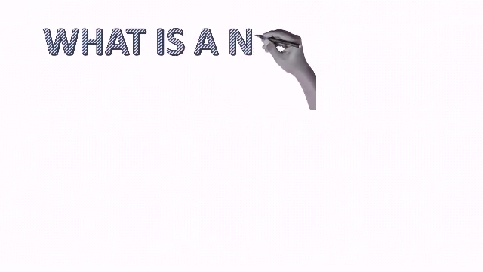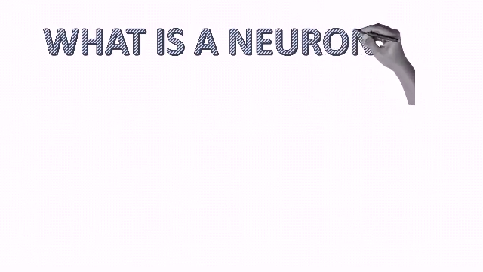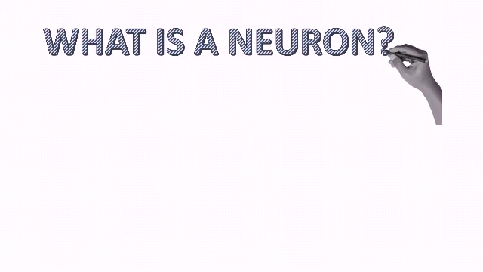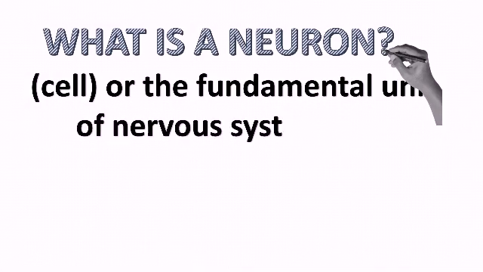Good. Now the first question to ask yourself is, what is a neuron? Actually, a neuron is a cell. A cell is a fundamental unit, so it is a fundamental unit of the nervous system.